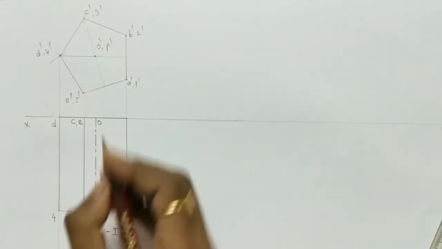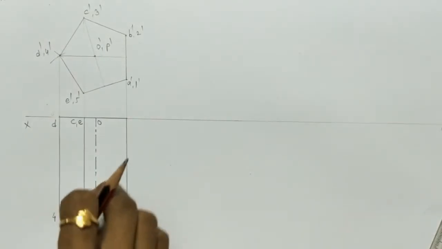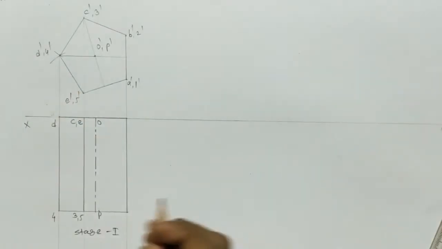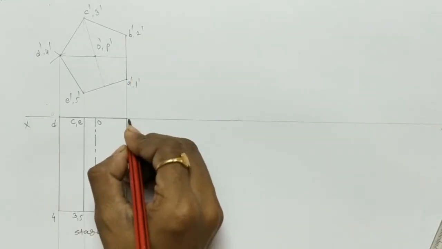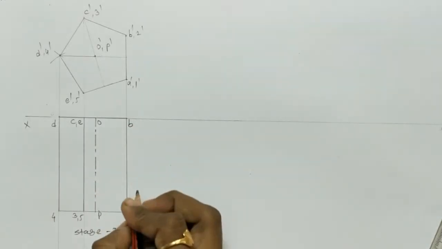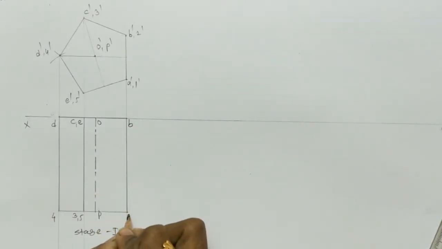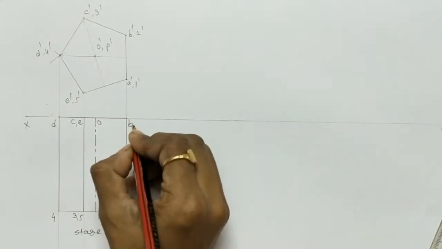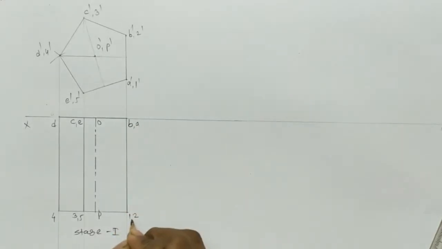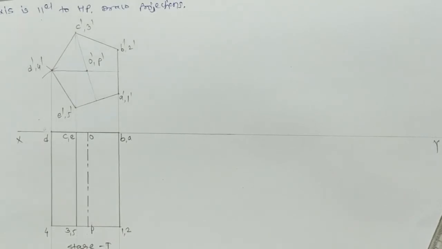Then this is O and P. And here also B, here 2 and A1. So here also A there and 1. So like this we have drawn the front view and top view.